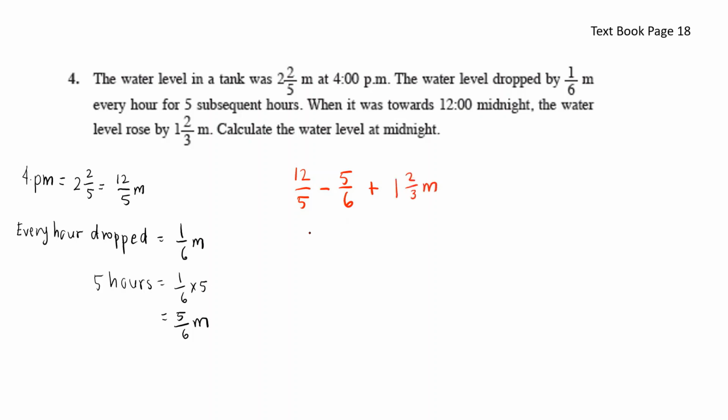So here we have 12/5 minus 5/6 plus 2/3. Now let's put this in our calculators. So here we get 37/30.